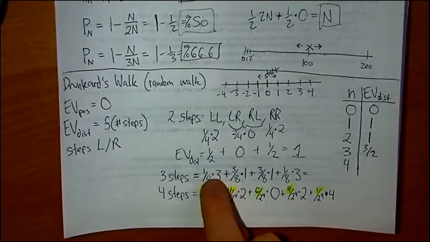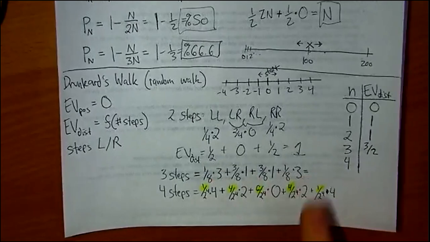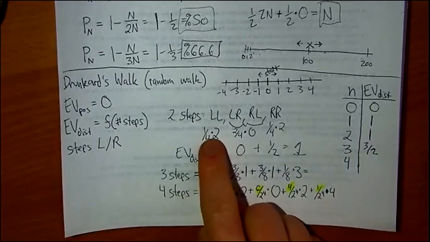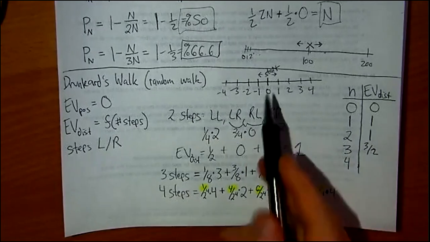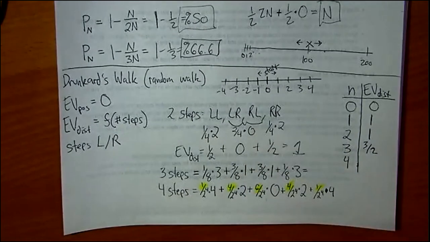Here we had 3 1 1 3. Maybe those are related to Pascal's triangle, maybe not. Here we had 2 0 2. So the amount that we're moving from the origin doesn't look really related to Pascal's triangle. It's some other weird numbers. But the numerators of our probability fractions are certainly the coefficients from Pascal's triangle.